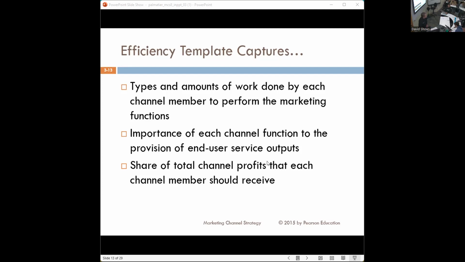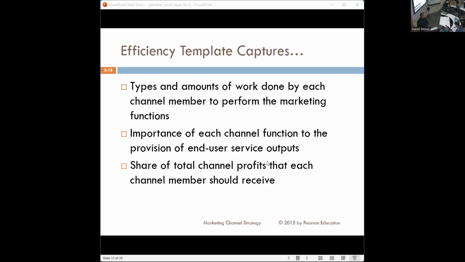And then the last thing that it does is that it takes into account the share of total channel profits that each channel member should receive. That's key. Should receive. This is what's known as normative. Normative means these are the way things should be. And what this does is it calculates what's known as, and this will be a test question, the normative profit share.